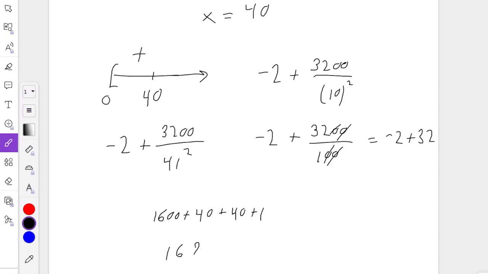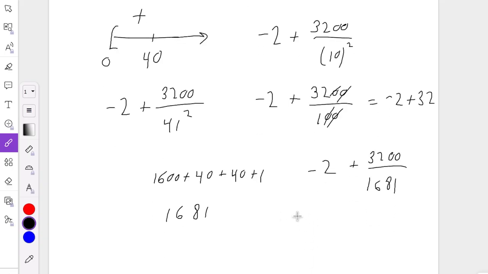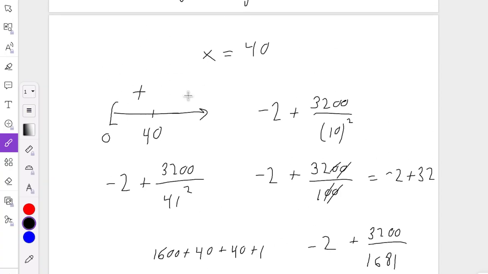So that's 1681 in the denominator. So -2 plus 3200 over 1681. I said this earlier, it's definitely easier if we do this with a calculator, and you probably get a calculator on the test, so I'm not too worried about that. But it is going to be negative here, confirming that.